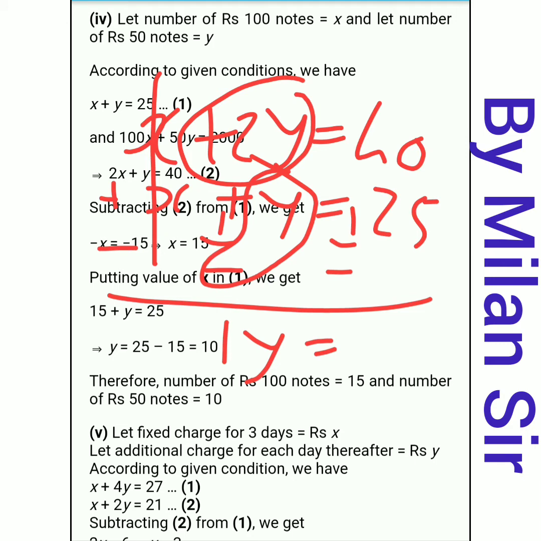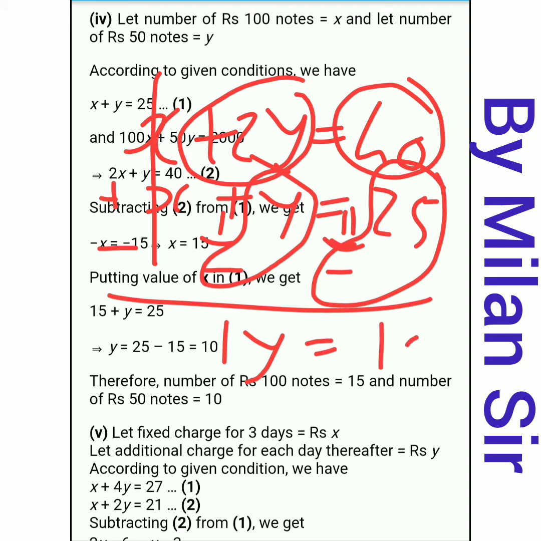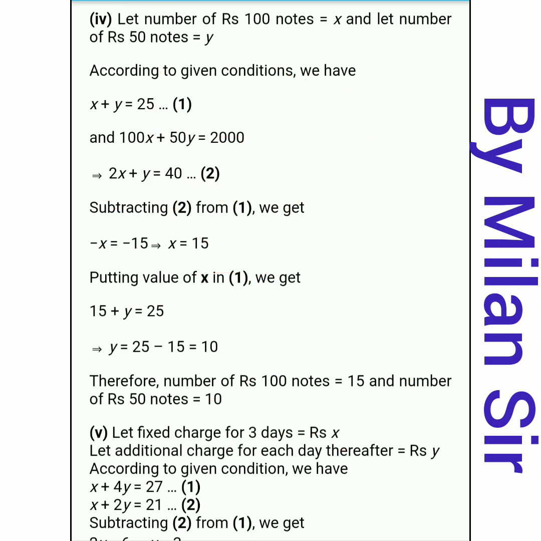Then on the right-hand side we have 40 minus 25, which is 15, right? So y is equal to 15. Now we need to put the value y equals 15 in equation number 1, x plus y is equal to 25.